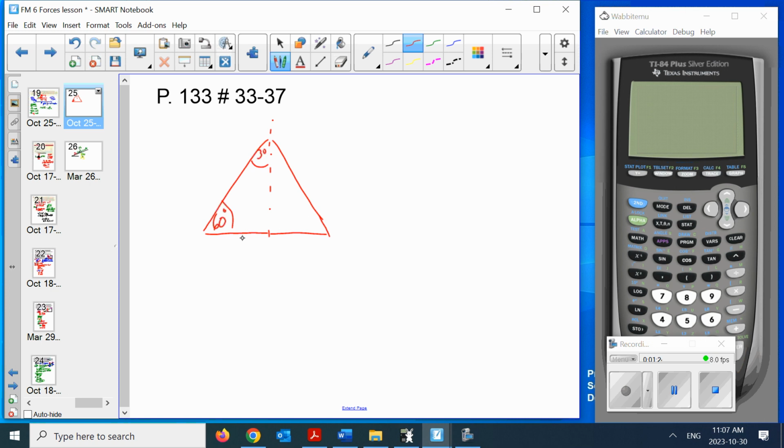An ant climbs at a steady speed up the side of the anthill. Sketch a free body diagram for the ant. So I'm going to just put a box here. There's your ant.